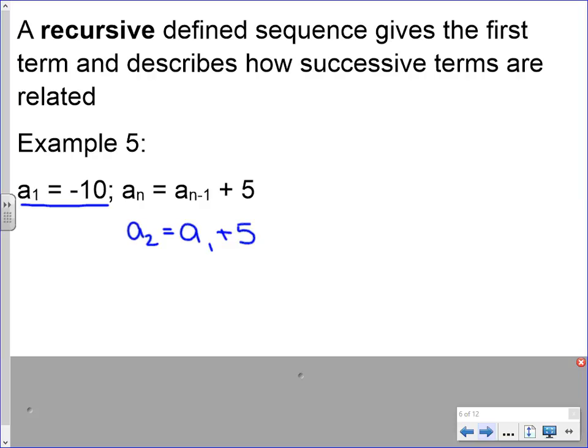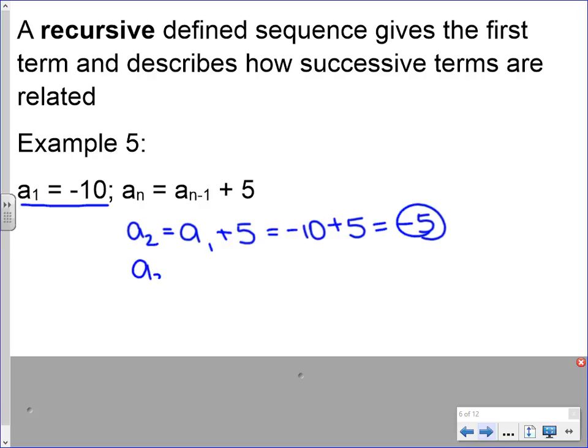What is our first term? Negative 10. So this is really negative 10 plus 5, which is negative 5. Okay, let's go back to our rule.